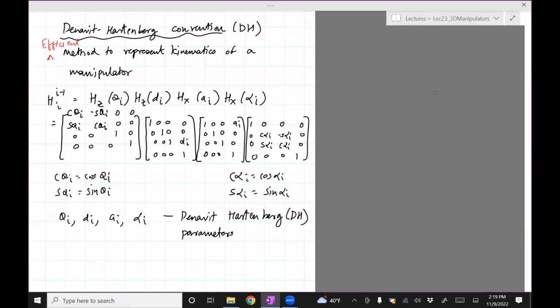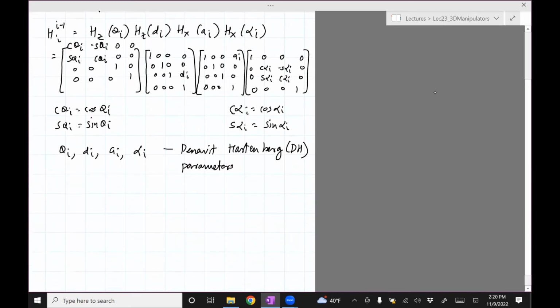The thing is that the convention uses an efficient way of describing the axis. And by describing the axis in the way I'm going to tell you, you can actually get rid of 2 numbers. So that is why it is called efficient. That is, even though you require 6 numbers to describe a link, you're only able to do it with 4 by defining these axes in a special way. Let me write that down.